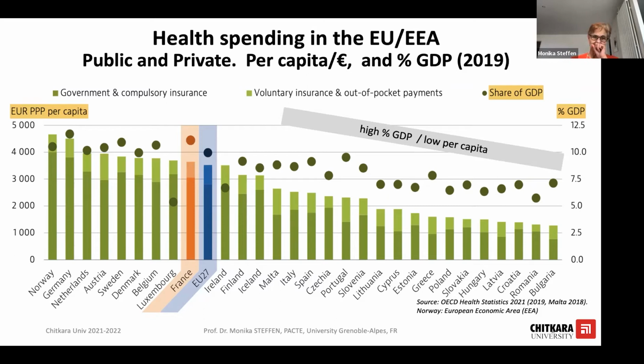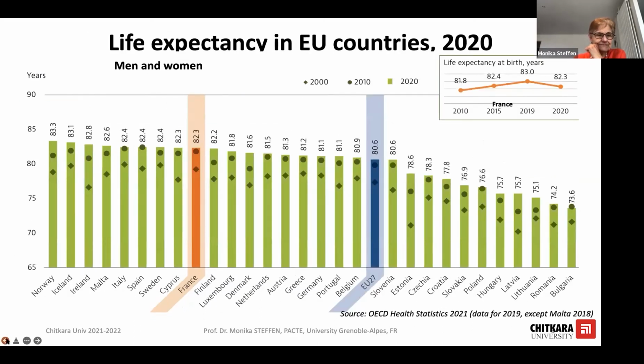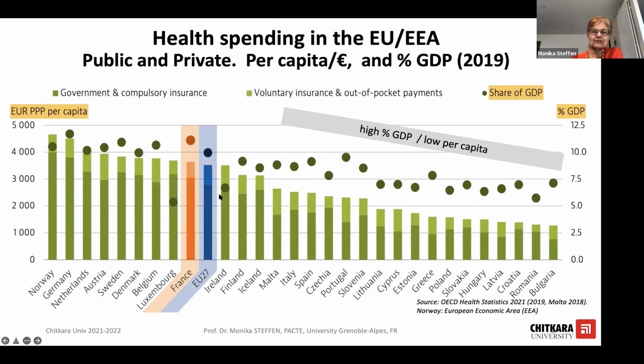And if we go along the line, we will see that it's a sort of general rule. As we go to the poorer countries, we have a share of GDP much higher than the per capita spending. This is what I tried to show you with this little text here. Low per capita spending, but high in GDP.